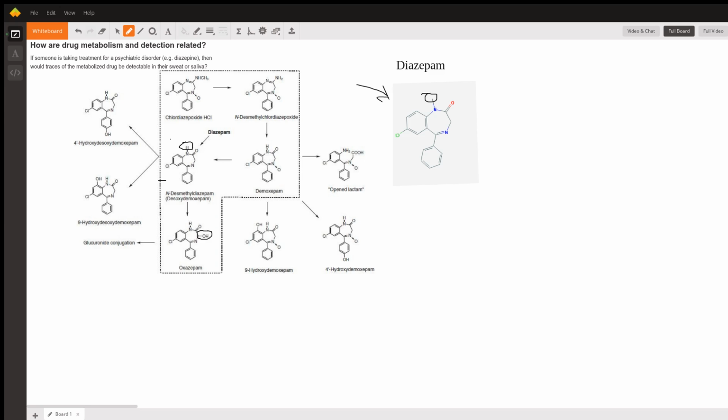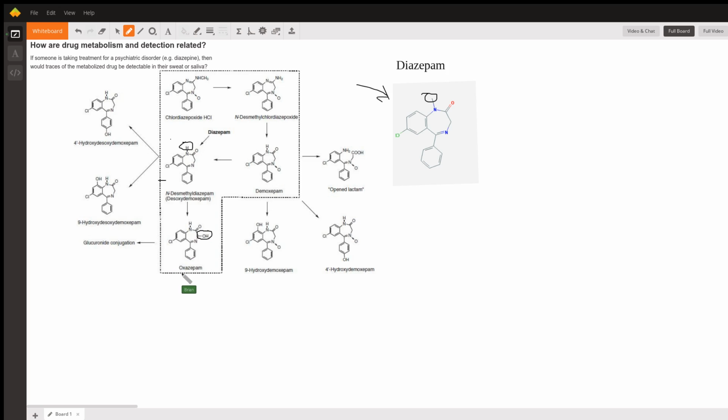Now, I mentioned before that the main organ involved in metabolism is the liver. So in clinical practice, patients who have liver problems like cirrhosis often require dose adjustments for drugs like diazepam because the liver is just not as efficient at metabolizing the drug, and so the drug itself is going to stay in the body longer, and so are these metabolites.